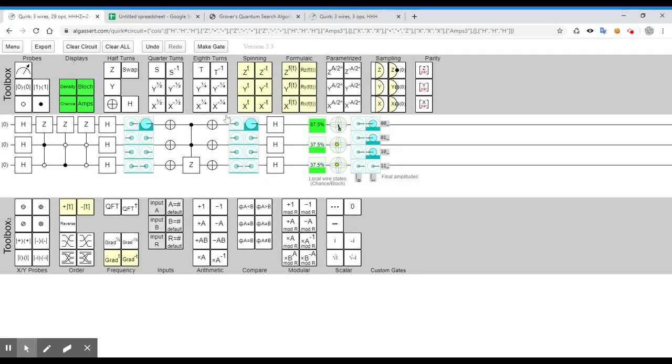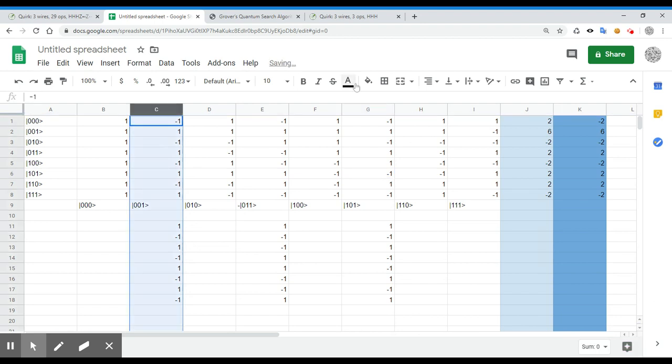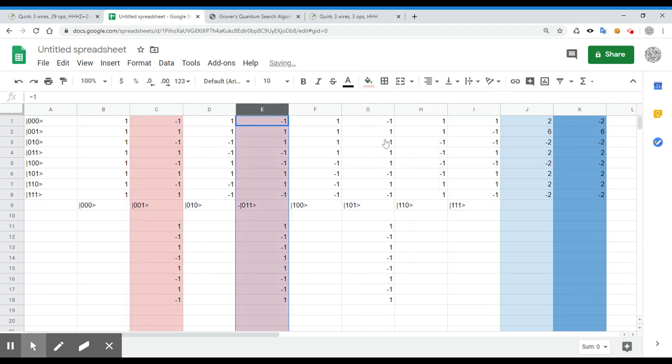Basically, I've changed the phase of this element. I changed the phase of this element.